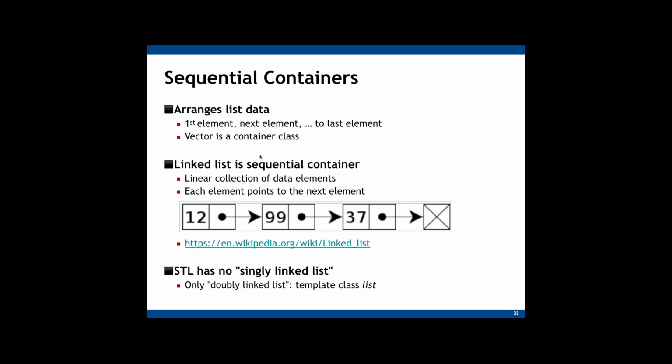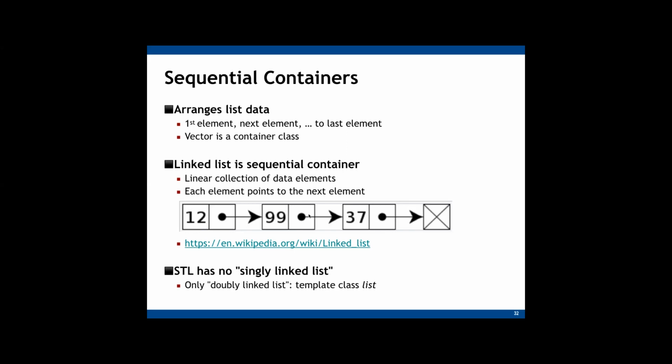Linked list is an example of a sequential container. Each element points to the next element. This diagram represents the linked list data structure. This is the first element. This is the second element, and this is the third element. The first element points to the second element, and the second element points to the third element.